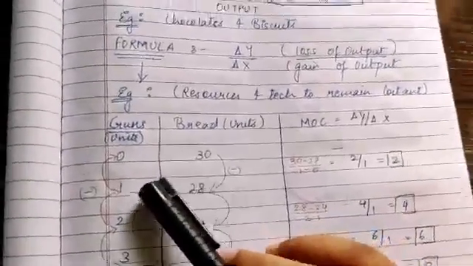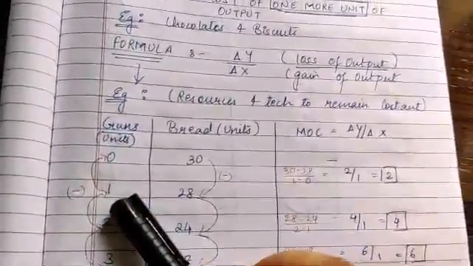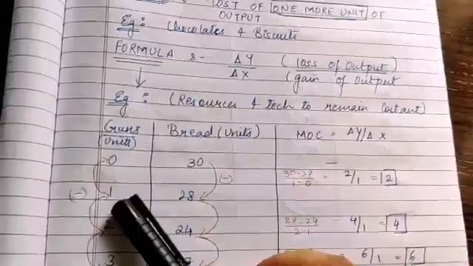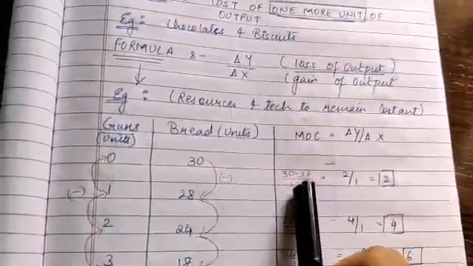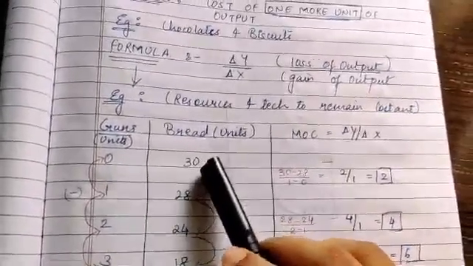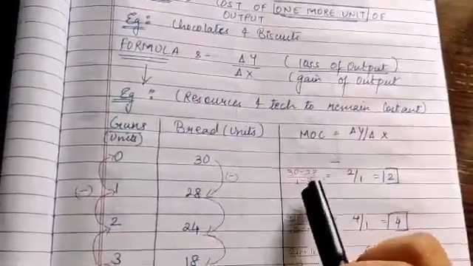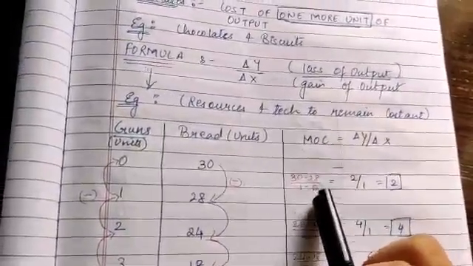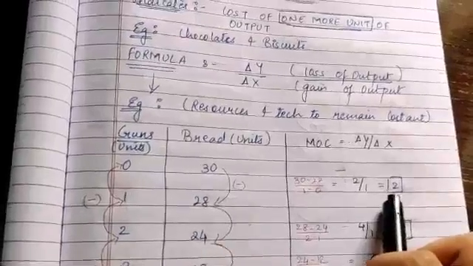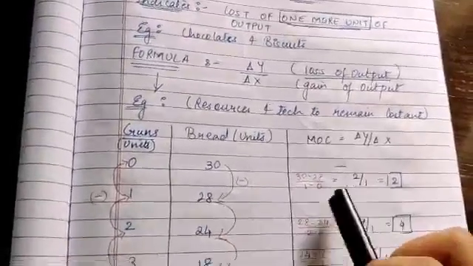So in the second stage, where guns are at 1, we have calculated 30 minus 28 divided by 1 minus 0. We will be getting marginal opportunity cost as 2.